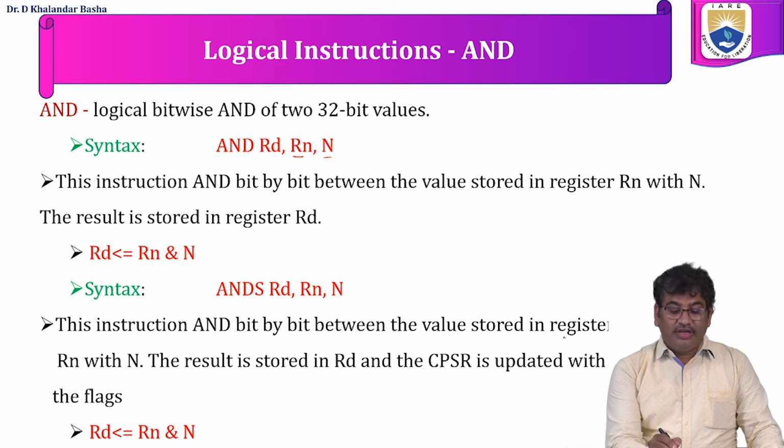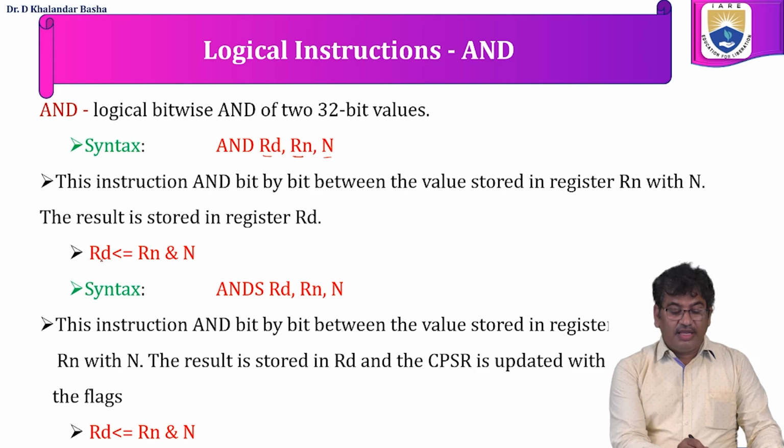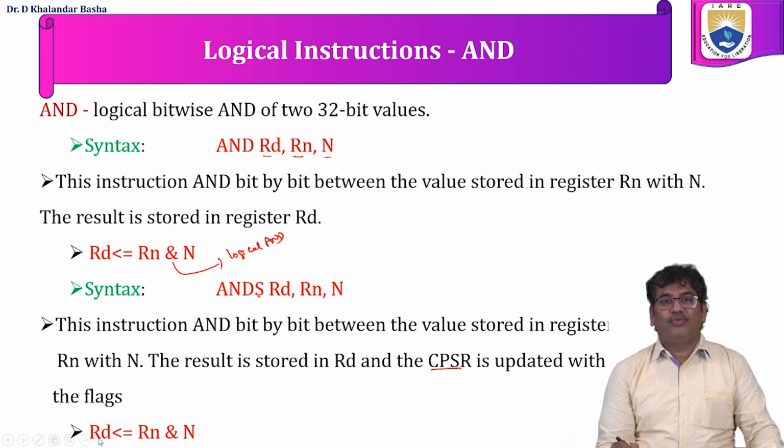The result will be stored in Rd register. The functionality we can write as Rd is assigned with Rn logical AND with N. If S is added as suffix to AND instruction, it will update the CPSR register with the respective flags based upon the result obtained, which we are moving into Rd register.